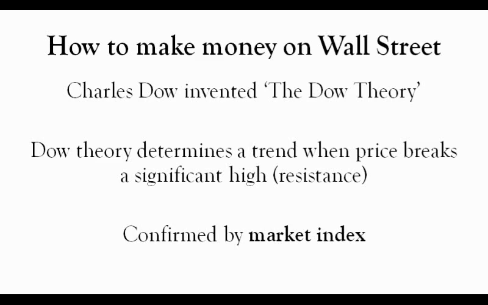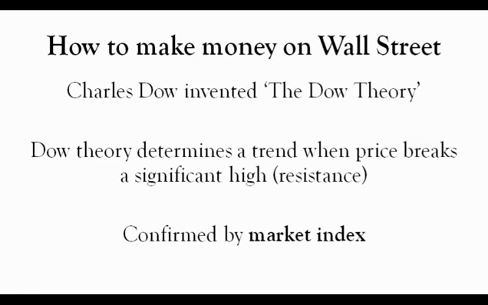The person we refer to when we're talking about Wall Street is the one who edited the Wall Street Journal and wrote his name in history: Charles Dow of the Dow theory.